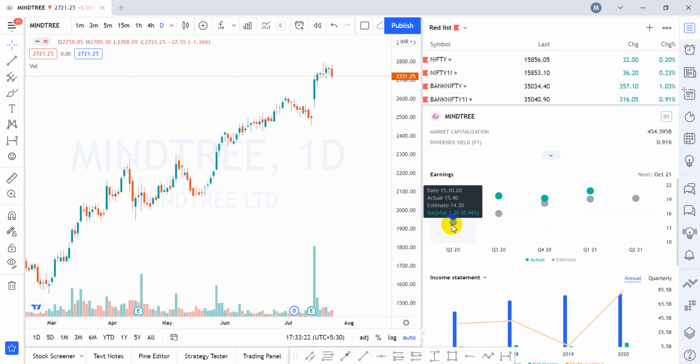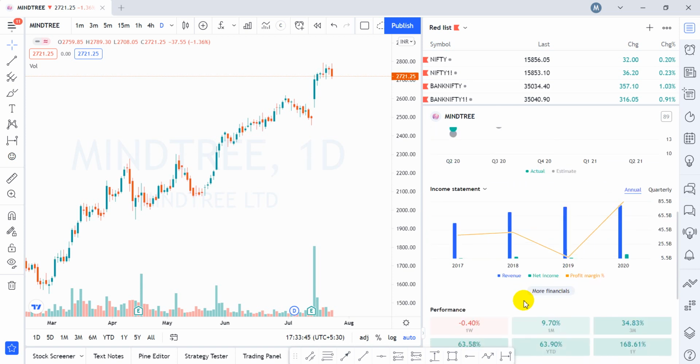And if you see these gray dots over here, they basically represent the estimate for the next quarter. So for Q2 it is again on a growth trajectory. The estimate is higher than the previous quarter. So this looks good. Then you go to the income statement and select the quarterly income statement.